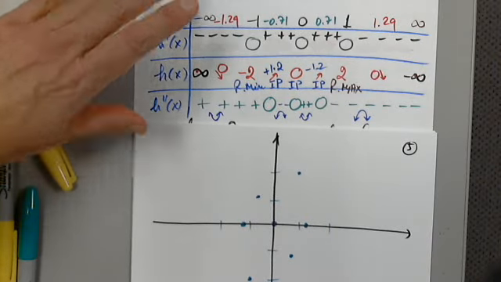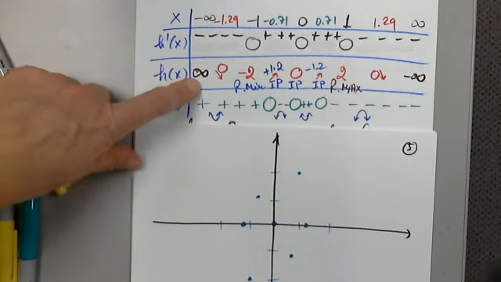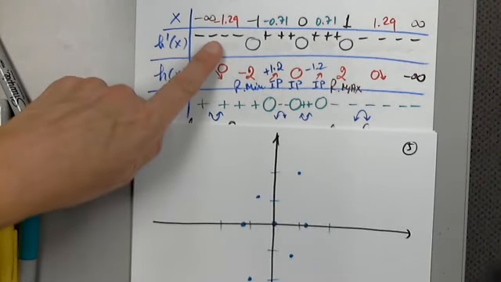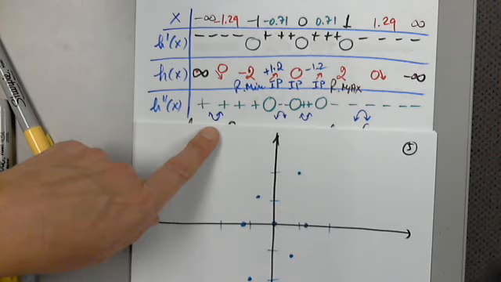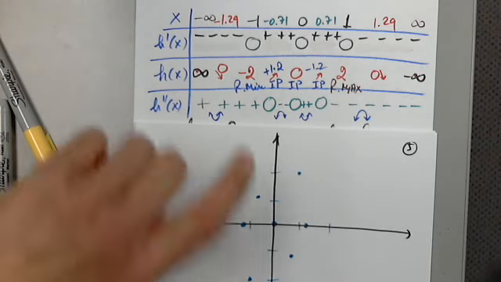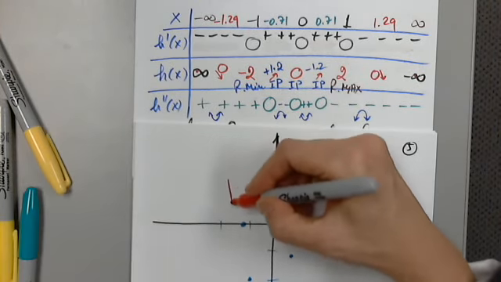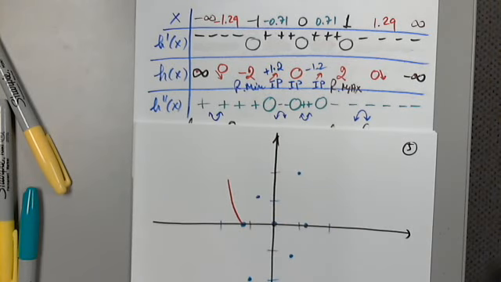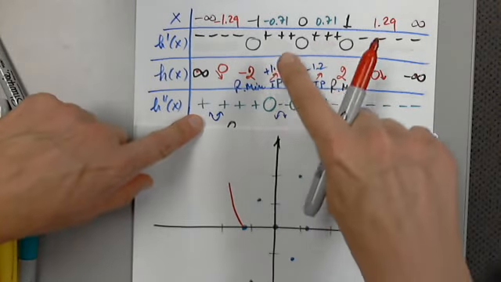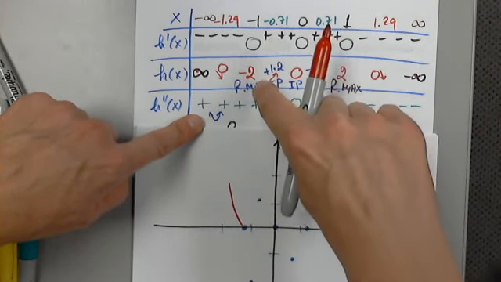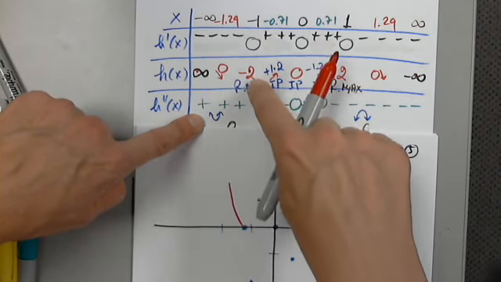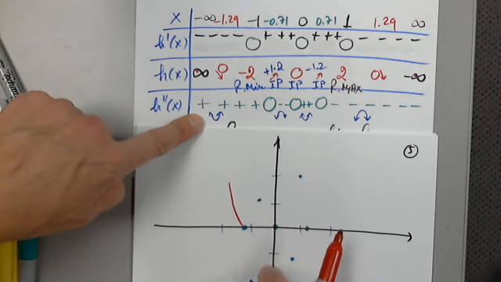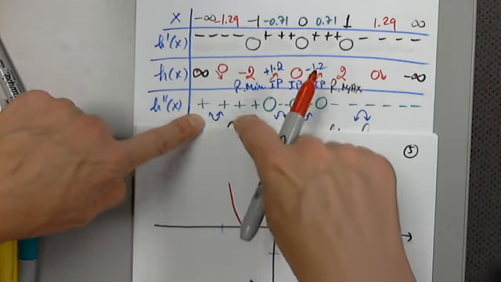Ready? Okay, so let's see how this works. The function is coming from positive infinity, decreasing, opening upward towards negative 1.29, 0. Decreasing, opening upward towards this point. It continues to decrease to negative 1, negative 2, still opening upward.